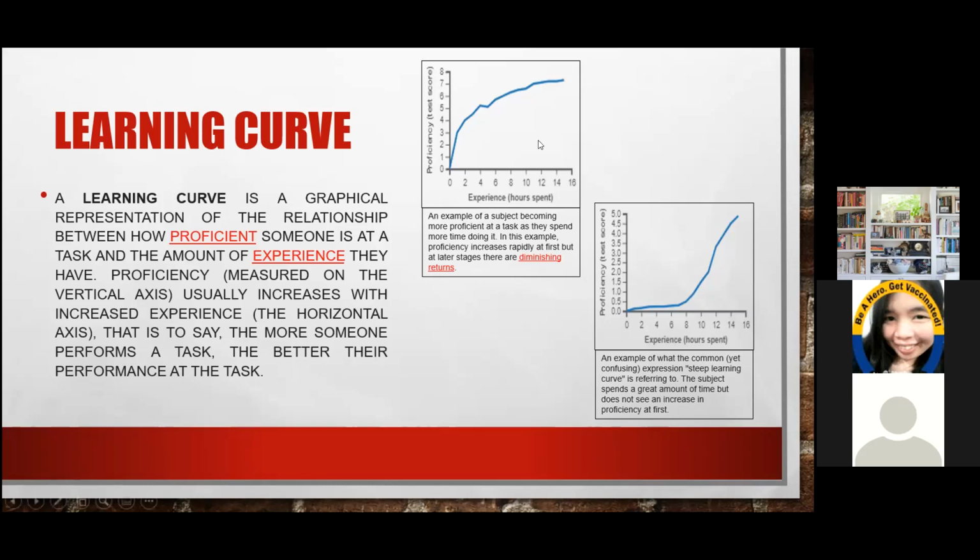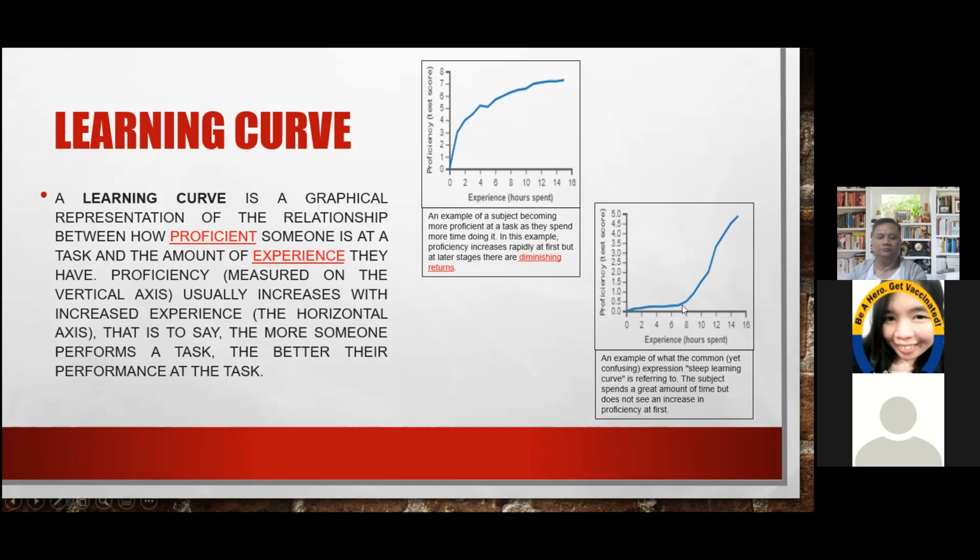Itong nasa taas na diagram, this is an example of a subject becoming more proficient at a task as they spend more time doing it. In this example, proficiency increases rapidly at first, but later stages, there are diminishing returns.